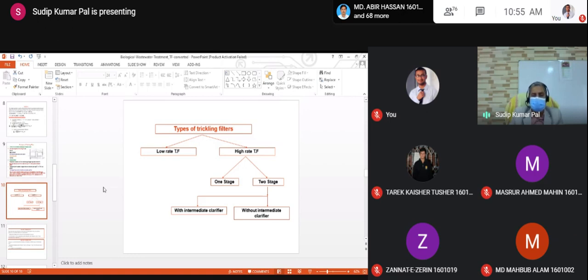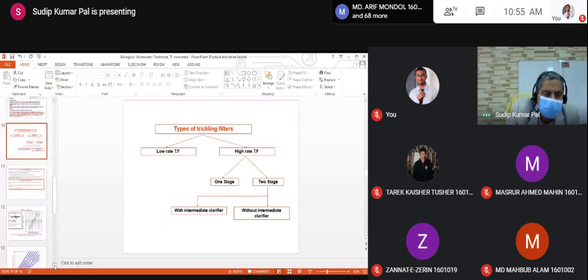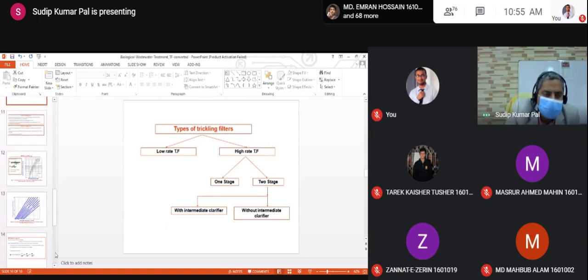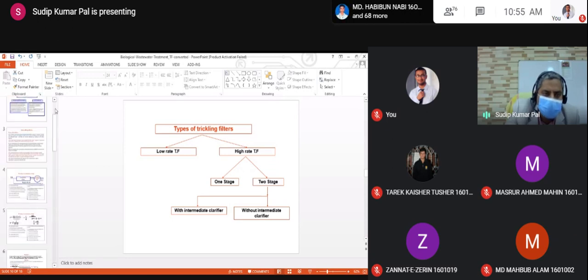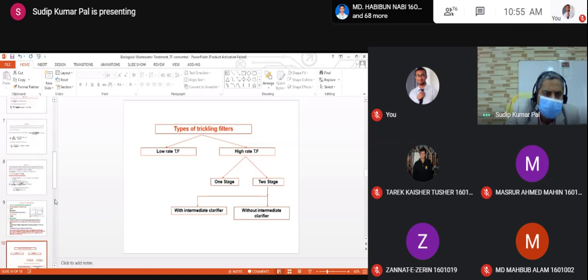So in a two-stage system, we have one intermediate clarifier. I'm not sure we have the figure here. Let's see. No, we do not have the figure. I'll show you the figure in a minute. I think I have it in another slide.